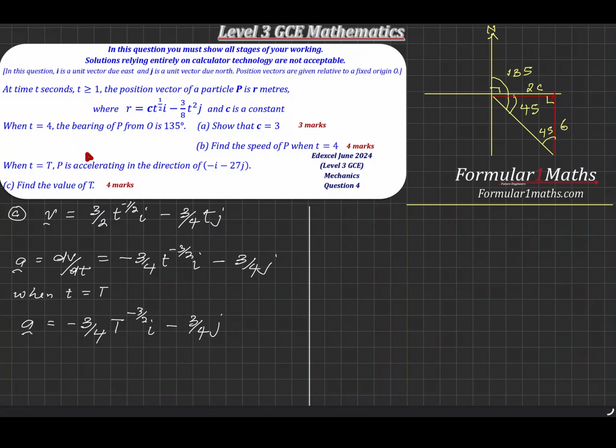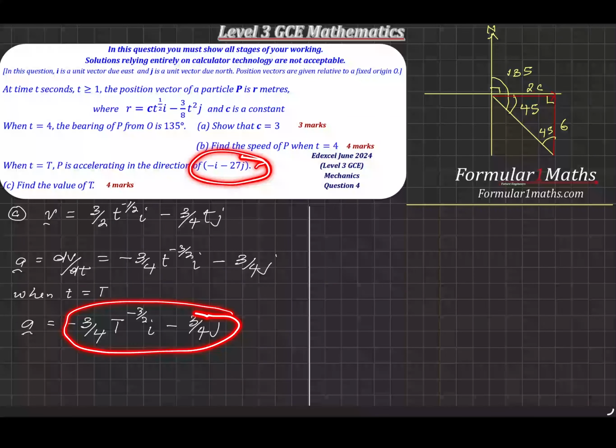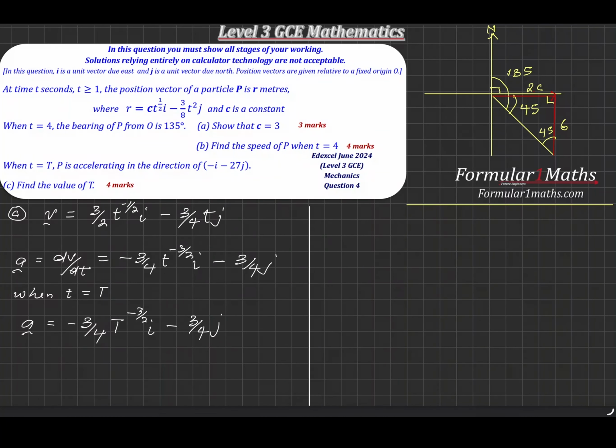But we are told that in that case, the acceleration is in the direction of −i − 27j. This means that this vector is a scalar multiple of this vector. So that means that −3/4 T^(−3/2) i − 3/4 j is equal to some scalar constant k times (−i − 27j).